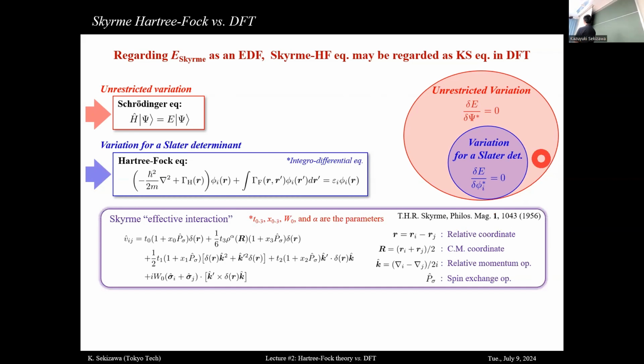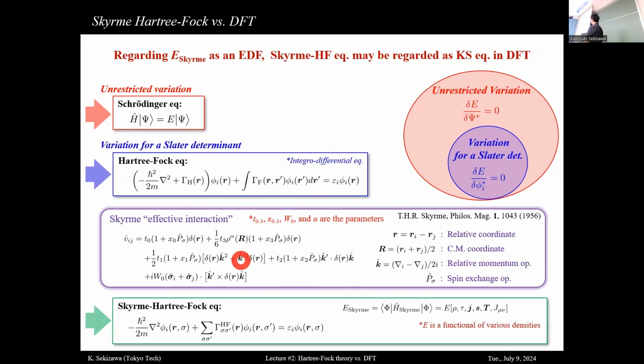But in practice, what we use is some effective interaction, and especially it contains the density dependence. You can use this effective interaction and end up with this Skyrme-Hartree-Fock equation.